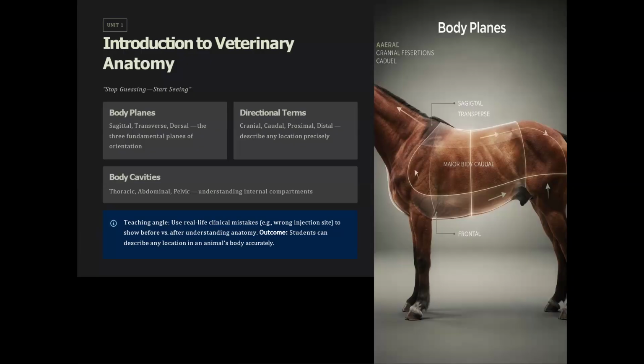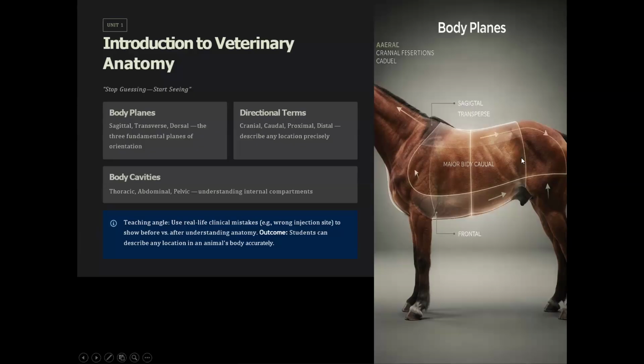Now, for the body planes, we have the sagittal plane, the transverse plane, and the dorsal plane, and these are the three fundamental planes of orientation. Okay?